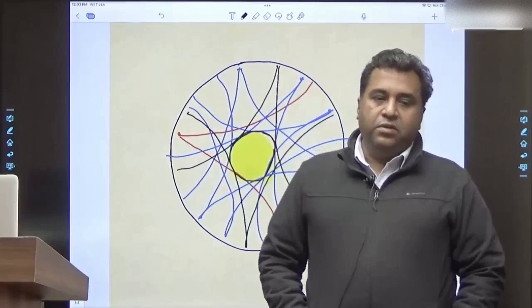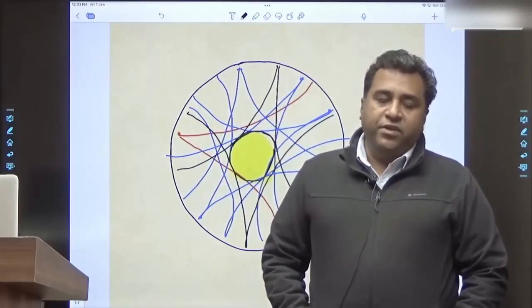S wave do not reach in 105 to 180 degree for any earthquake.